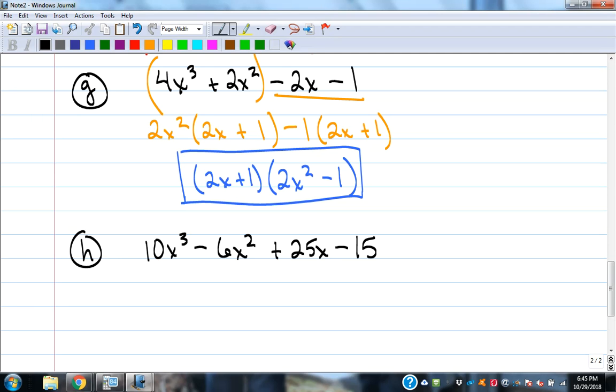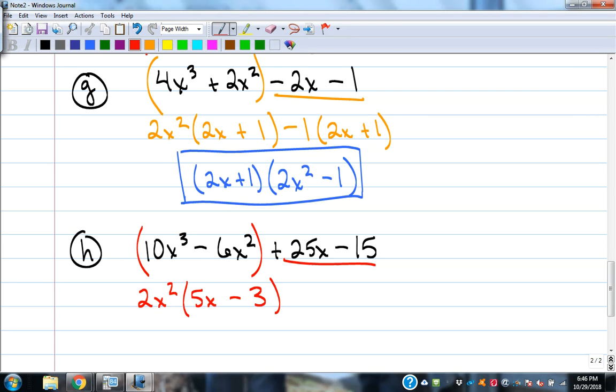All right. What's the GCF of the first group? 2x squared. Good. What's that leave in the parentheses? 5x minus 3.